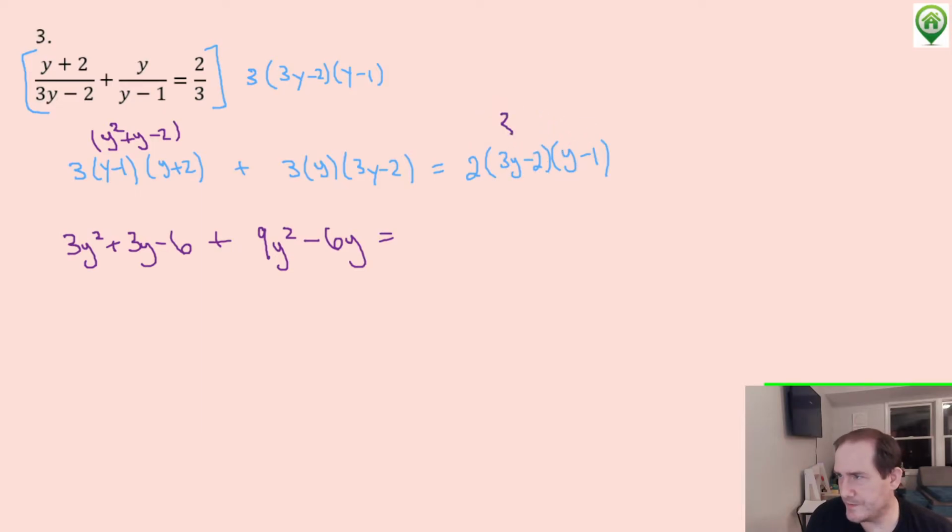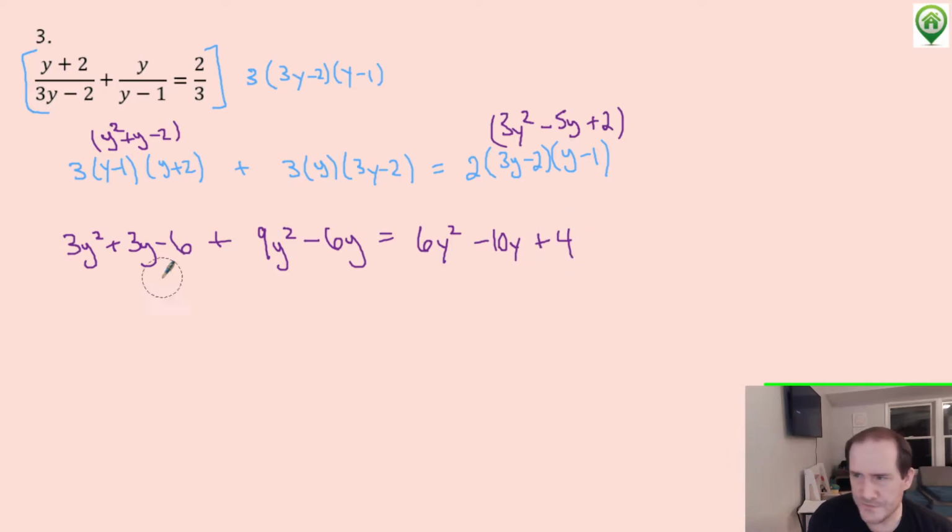Then this is 3y squared minus 3y minus 2y, so our middle term will be minus 5y, and our last term will be plus 2. And we're going to distribute a 2 onto that, so we'll get 6y squared minus 10y plus 4. So there's everything.